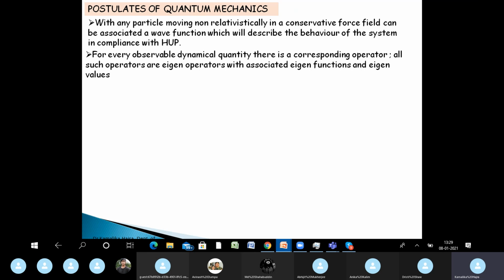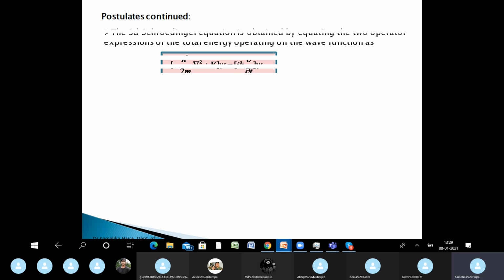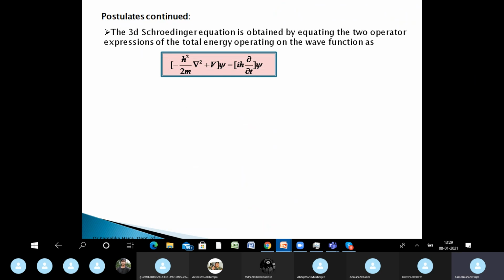Every observable can be associated with a differential operator. And these are the operators for some often used observables. Second postulate: you write down the operator form of the total energy and equate them to get the Schrödinger equation in 3 dimensions.